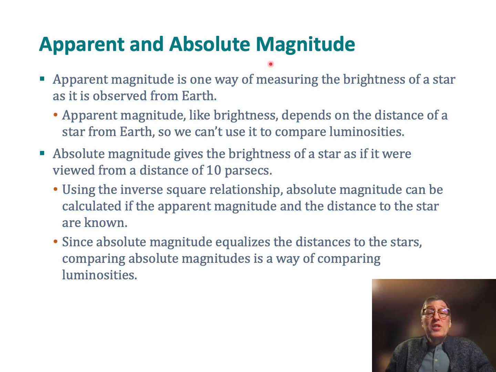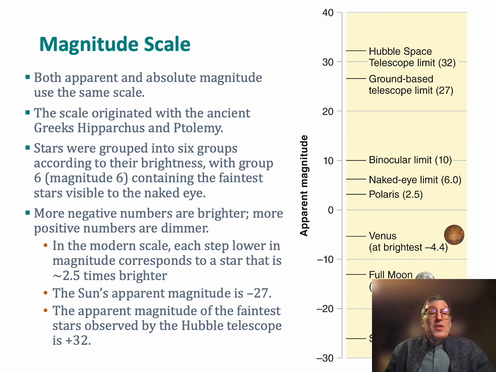So we've been using this term magnitude, and magnitude in astronomy refers to the brightness of the star, whether it's apparent or absolute. And this scale originated with the ancient Greeks, including Hipparchus and Ptolemy. And of course, we've heard Ptolemy before when we talked about the Ptolemaic model of the solar system.